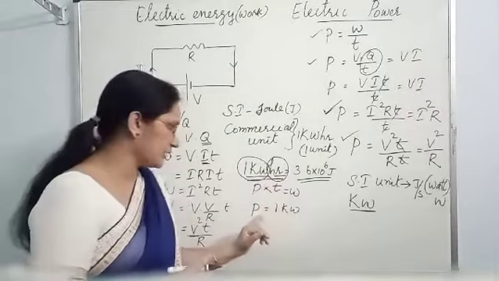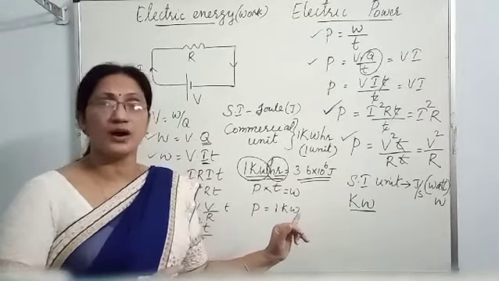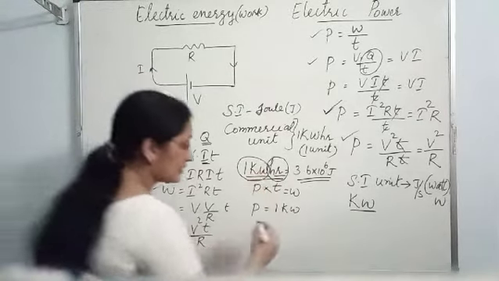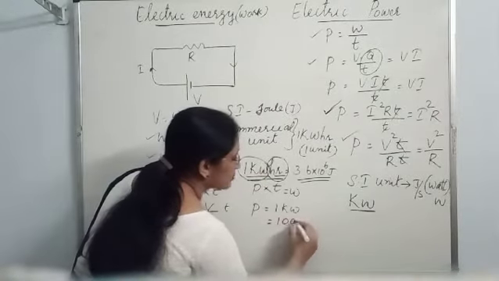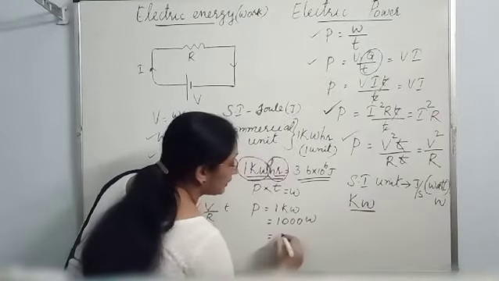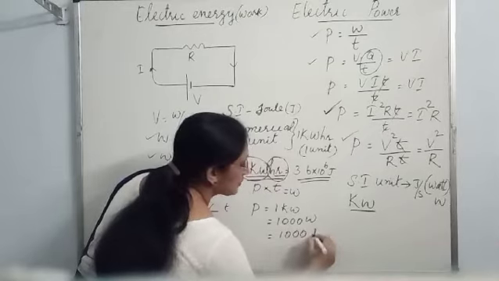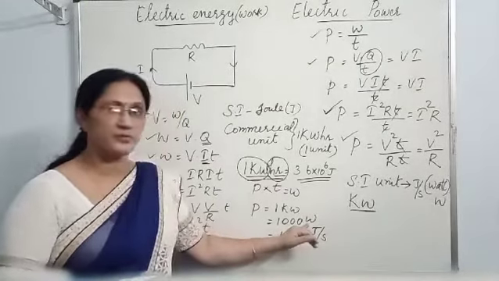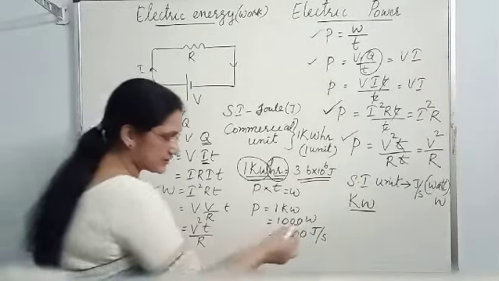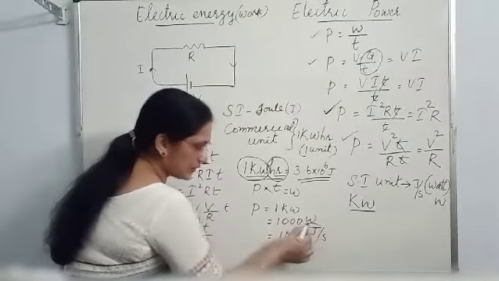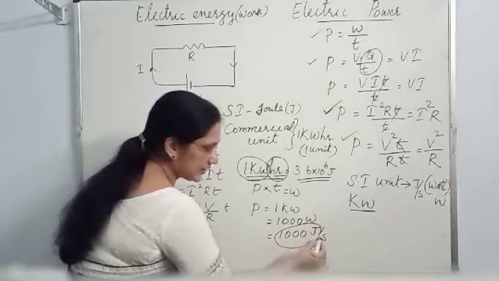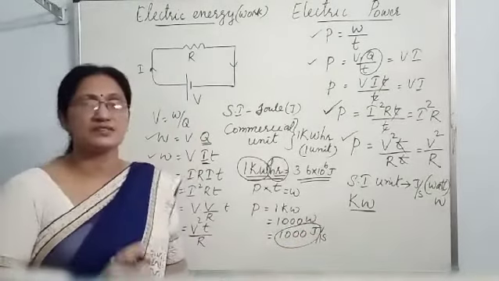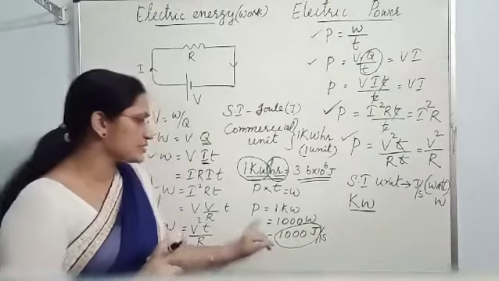1 kilowatt hour. Power is 1 kilowatt means 1000 watt. 1000 watt means 1000 joule per second. That means that machine or device consumes 1000 joule of energy in every 1 second. Then we say power of the device is 1 kilowatt.